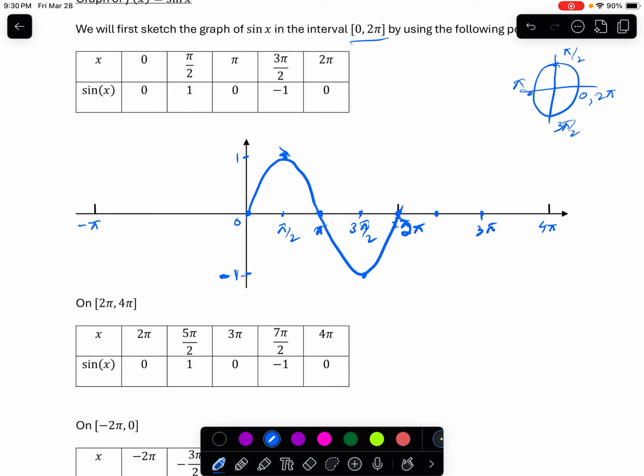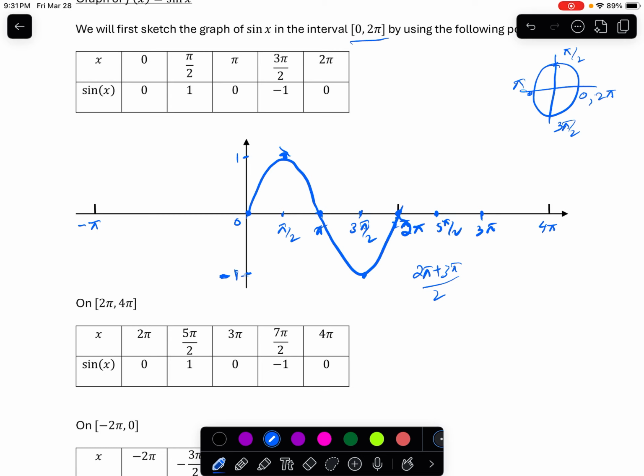Halfway between 2 pi and 3 pi, if you recall the midpoint formula, will be 2 pi plus 3 pi over 2, which is 5 pi over 2.